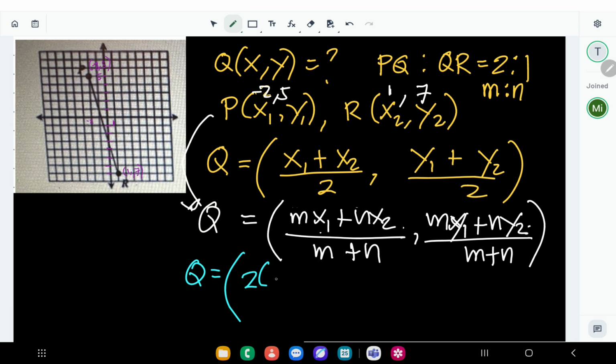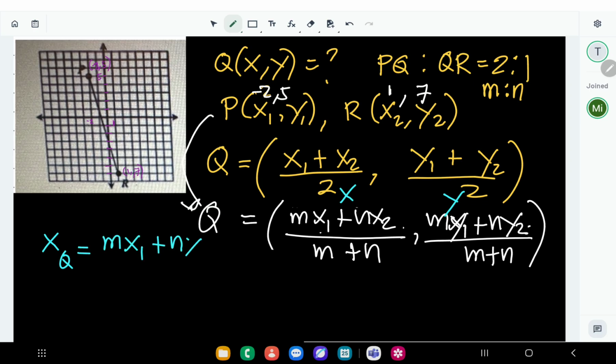Am I getting this right? So you won't be confused, we will just do this separately. So this is the x coordinate of point Q, and this is the y coordinate of point Q. So x coordinate of point Q is just m x sub 1 plus n x sub 2 over m plus n.